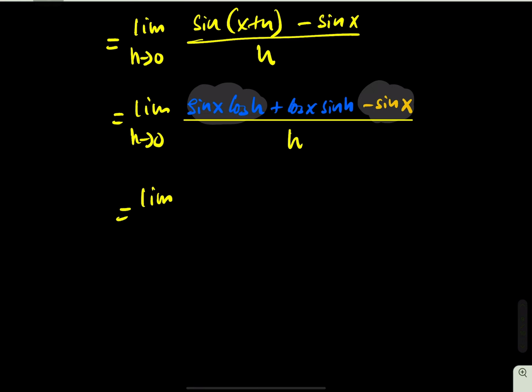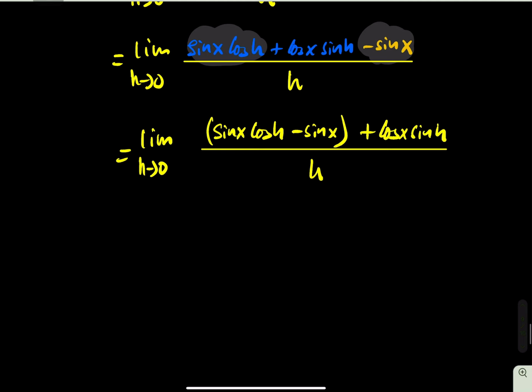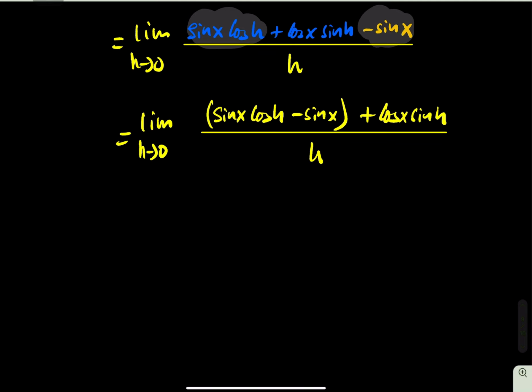And that is going to be the limit as h tends to 0, divided by h. If you group sine x cos h minus sine x, you are left with plus cos x sine h. This is still divided by h.